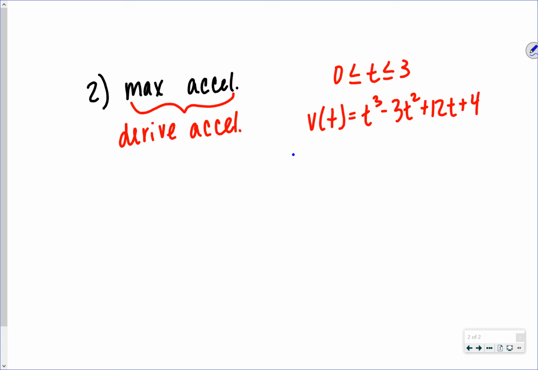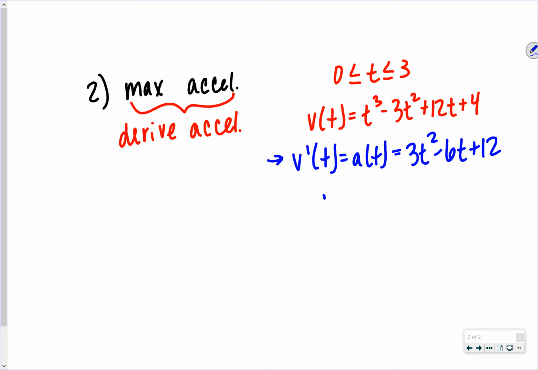So I'm going to derive this. The derivative of velocity is the acceleration, and that would be 3t squared minus 6t plus 12. So there's acceleration. I want to maximize this, so I need to derive it. I get 6t minus 6. Set it equal to 0: 0 equals 6t minus 6.